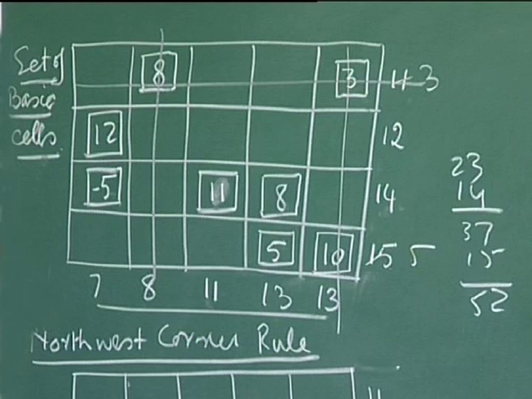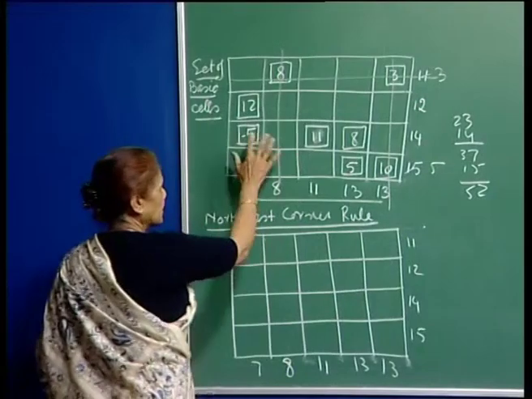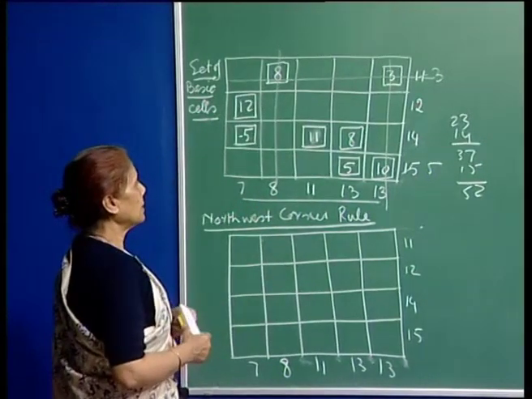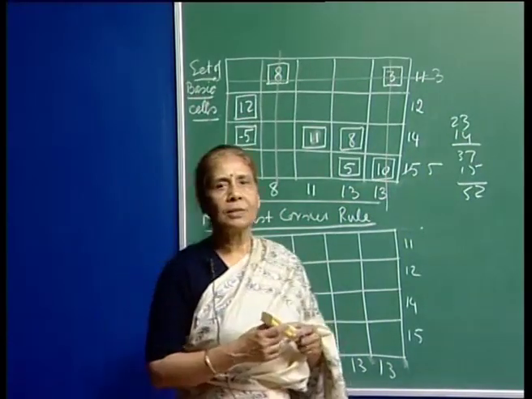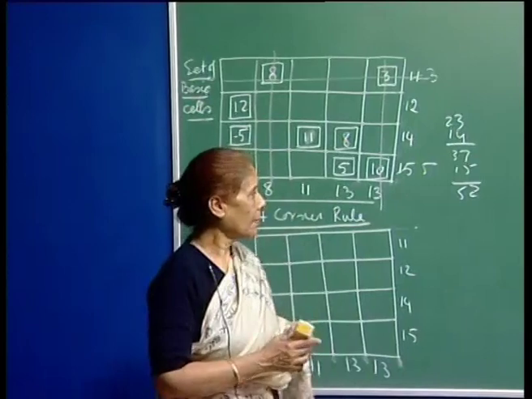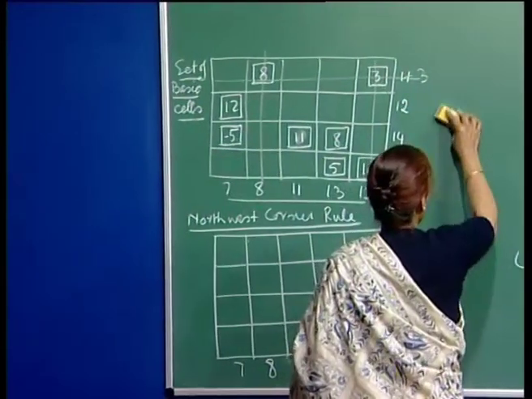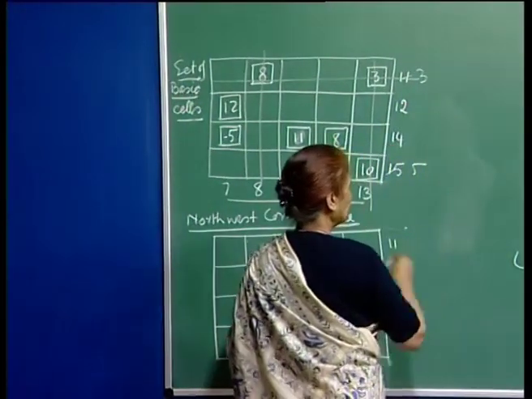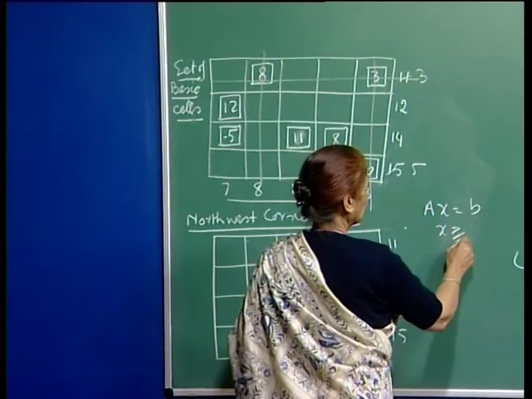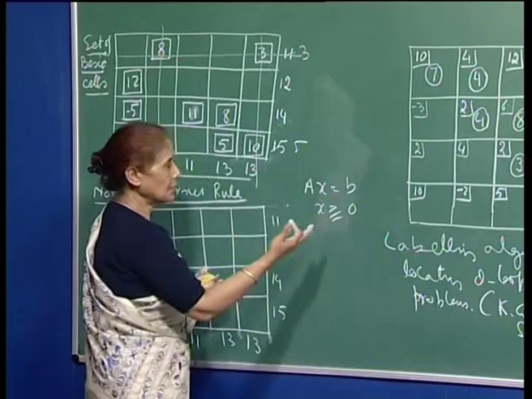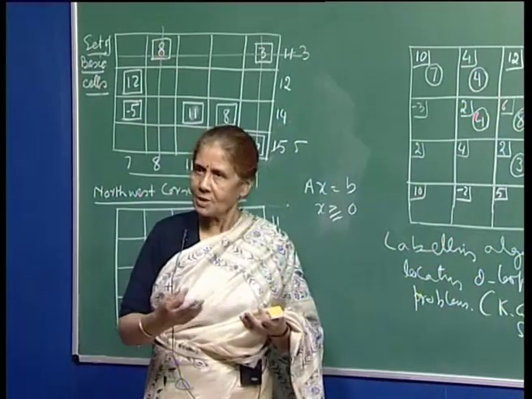But see, this is what I wanted to show you through this example, that this is a set of basic cells. It satisfies the conditions for being a set of basic cells, but it will not lead you to a basic feasible solution. As you saw, for example, when you were looking at the system Ax = b, x ≥ 0, we had a basis which need not lead us to a basic feasible solution.